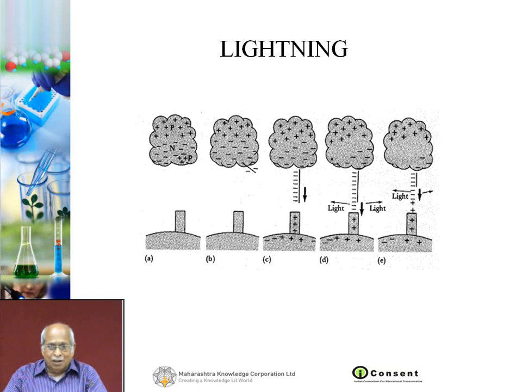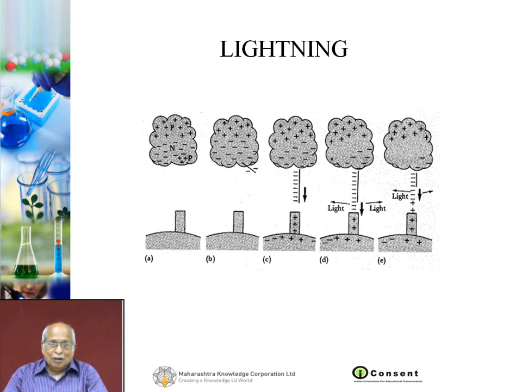And at the corner, at the lower side, there is some positive charge also denoted by small p. So in the cloud, huge positive charge at the upper end, huge negative charge at the lower end, and some relatively smaller positive charge. The reason for this distribution of charge is rather complex and not completely understood, we may say.